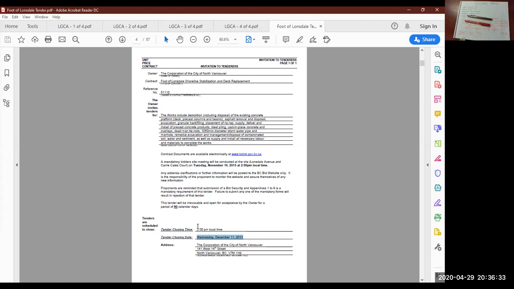So to me, that is the most important part of a tender, is when it closes. You have to know that. Of course, give yourself lots of time to get to the location where it's going to close. So that's what's next here, is you're told exactly where to bring your tender. What else do we have here?